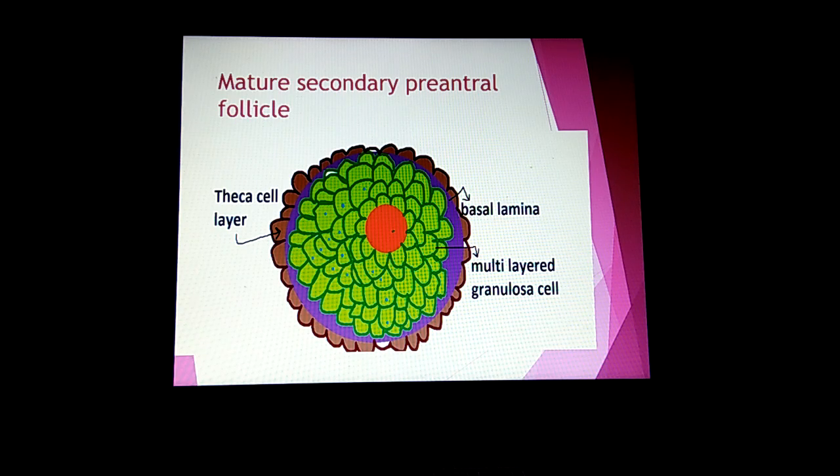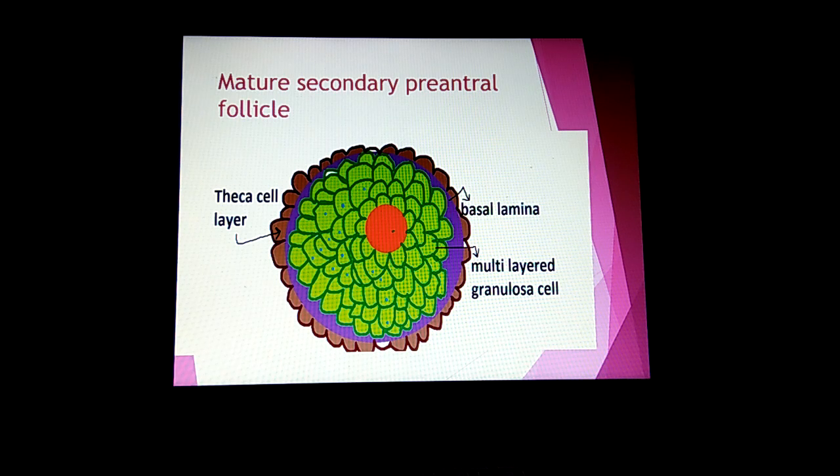You can see outside the basal lamina, a layer of cells is developing which is known as the theca cell layer. Now this theca cell layer divides into the external and internal cells. Here you can see the multi-layered granulosa cells. This is the oocyte with zona pellucida and the purple colored basal lamina.